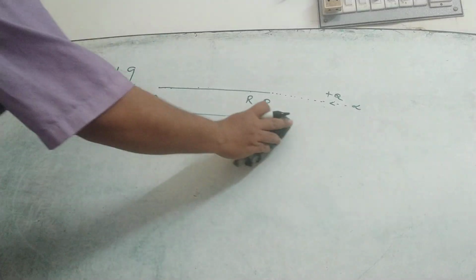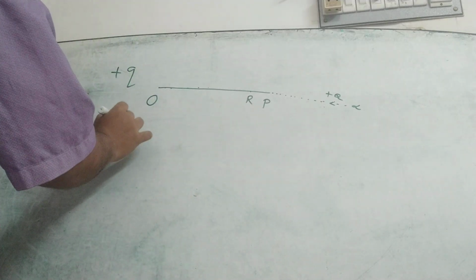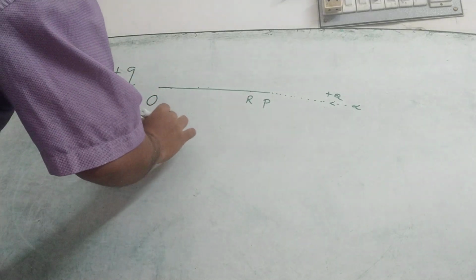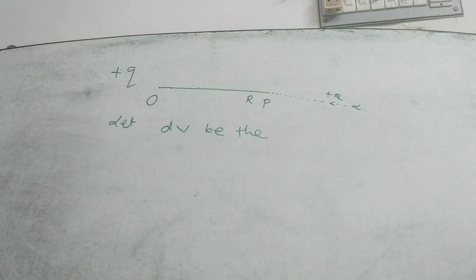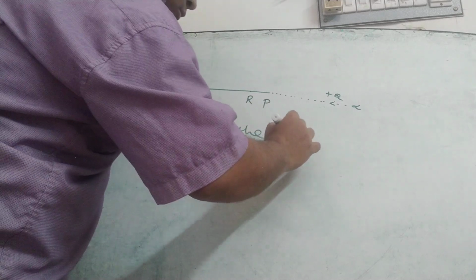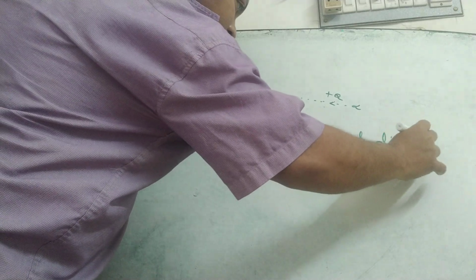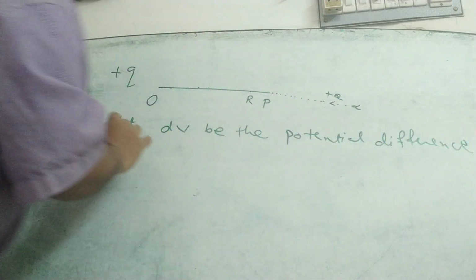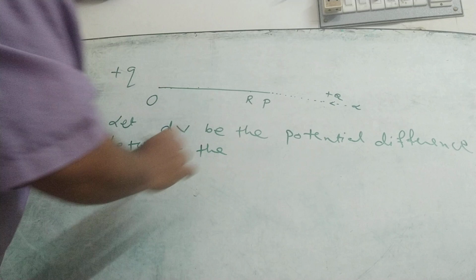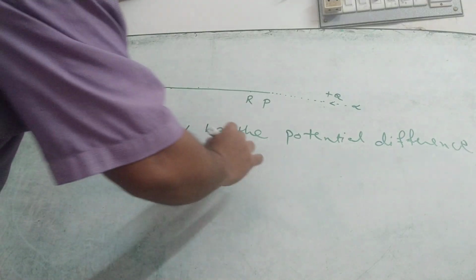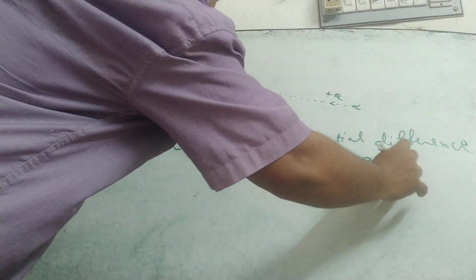Let dV be the potential difference between the two points P and R.